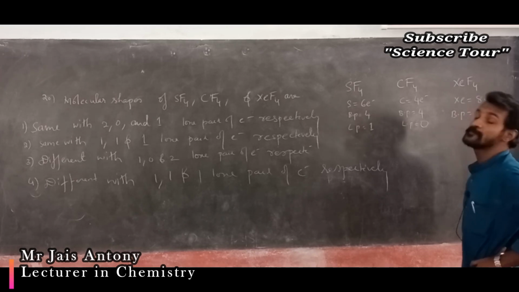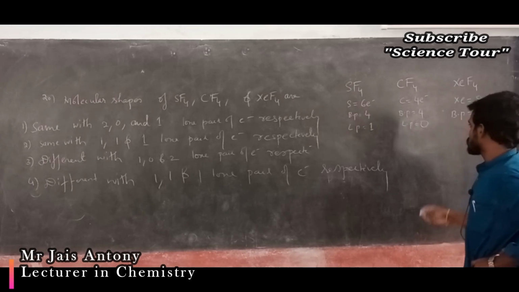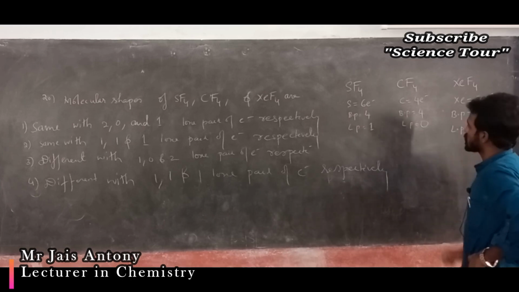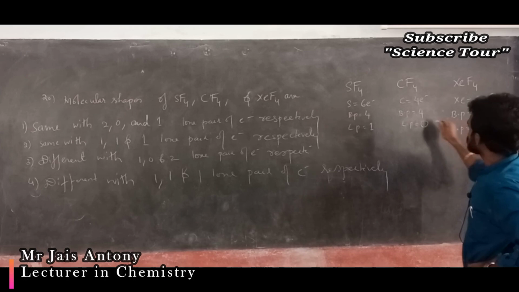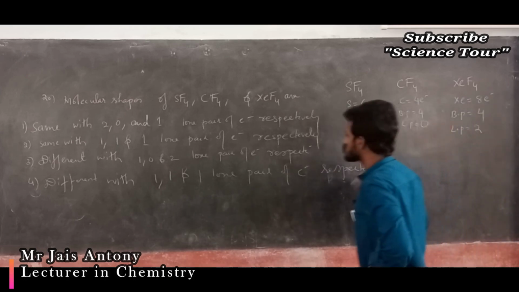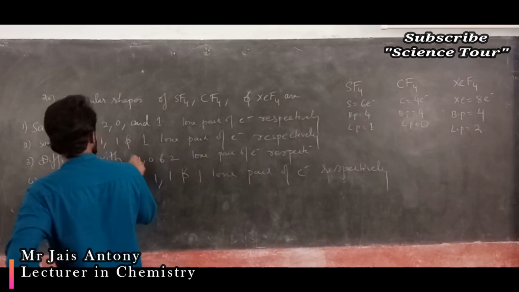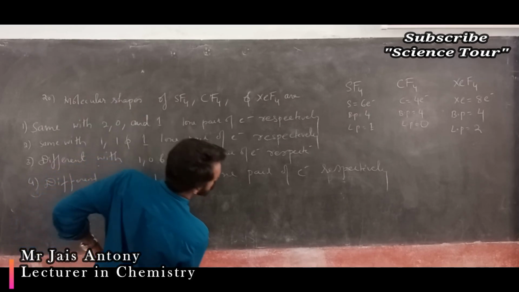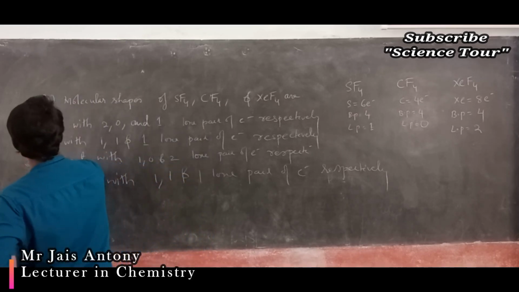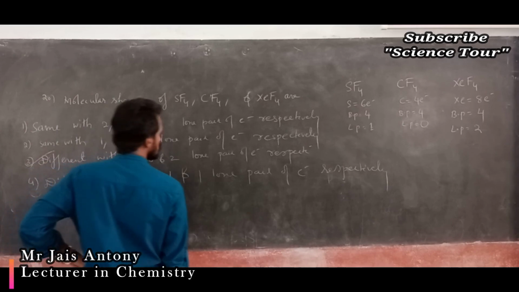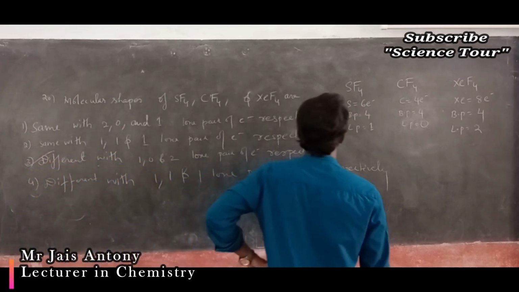You tell me. 4 electrons are remaining, which means 2 lone pairs. That means here 2 lone pairs, here 0, here 1, so 1, 0, 2. Which one is correct? Different with the 1, 0, 2 lone pairs of electrons. Understood? Molecular shapes.